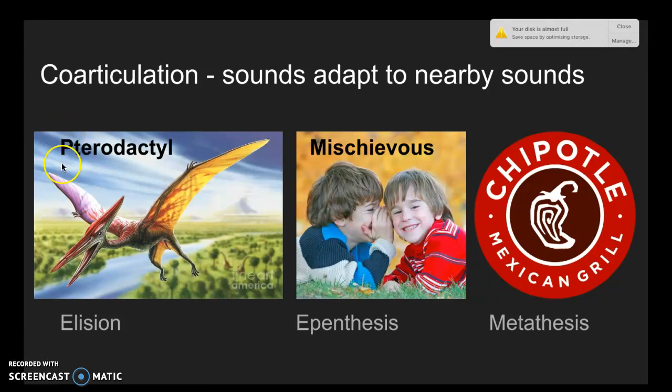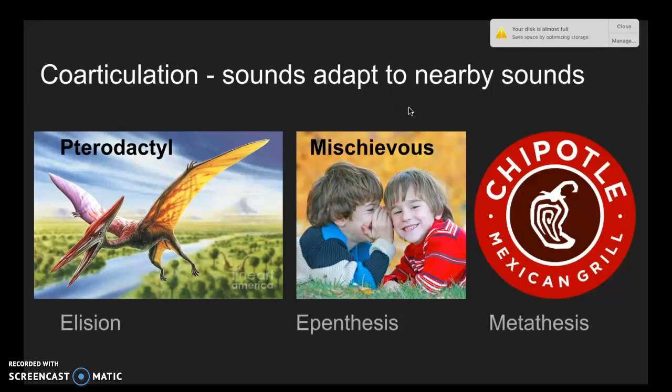We cut off the P and we start with the T sound, pterodactyl. This is called elision. Another process is inserting a sound segment. So epenthesis is adding an extra sound segment. Here it goes right here to create the word mischievous.